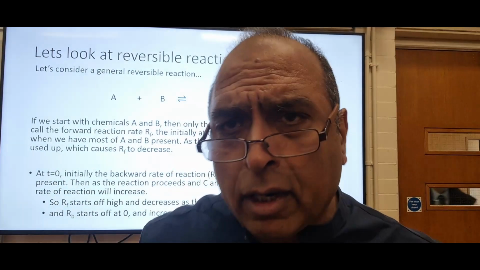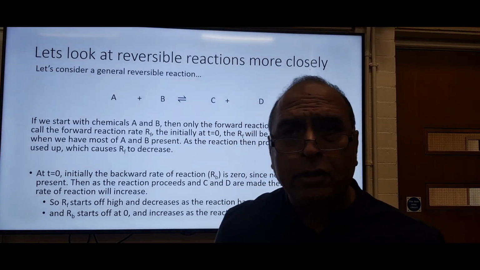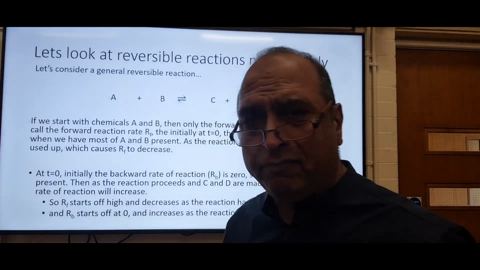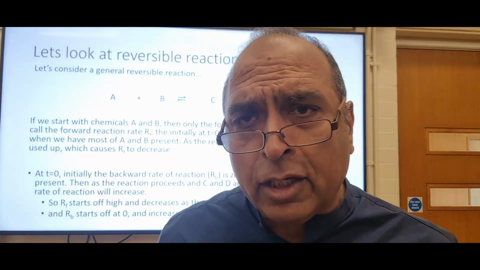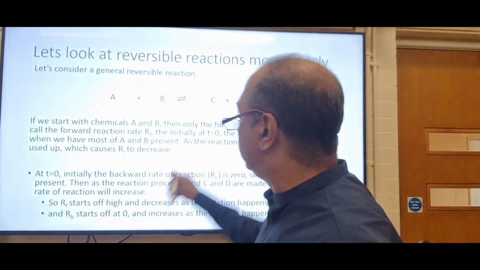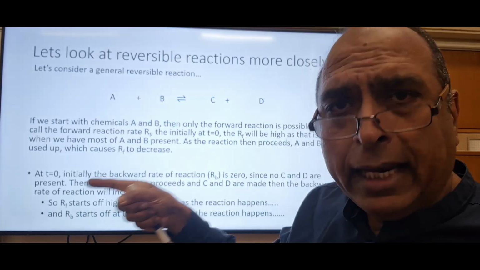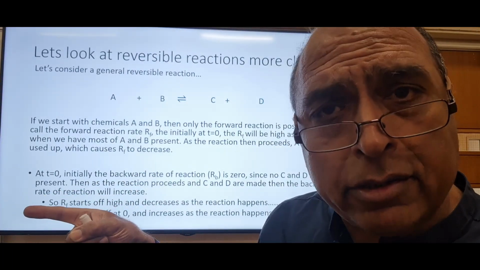Initially, when you start, the forward rate of reaction is 0. Sorry, I said that wrong. It's not the forward one that's 0, it's the backward one that's 0. Initially, when you start, the backward reaction is 0 because you haven't got any C and D at the start.